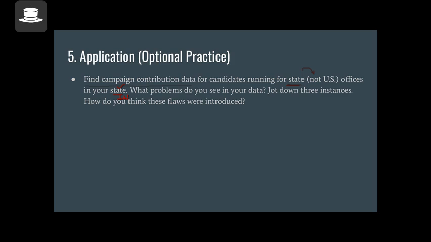When you find this campaign contribution data, try to identify problems you see in the actual data that you've downloaded. Jot down 3 instances of errors. How do you think these flaws were introduced? Are they because of data entry, or because of the data structure, or errors of any kind? Just try to give some thought to it. That would give you some practice in applying what you've learned in this unit.